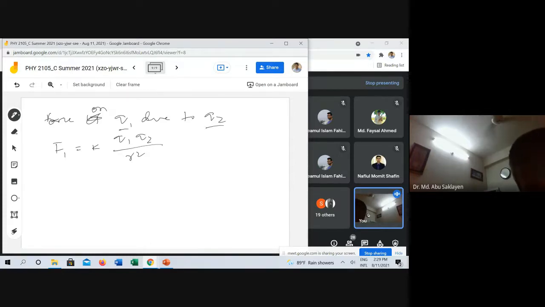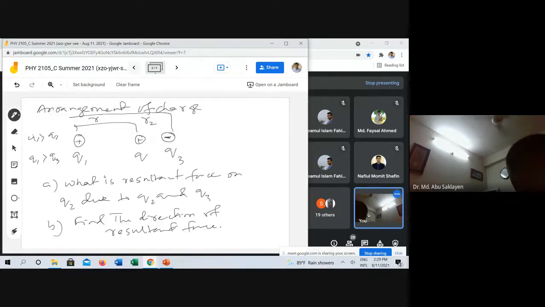Tell me what is the direction. We got it in our previous problem. Q1 is greater, right? So the force is along this. This is F1.